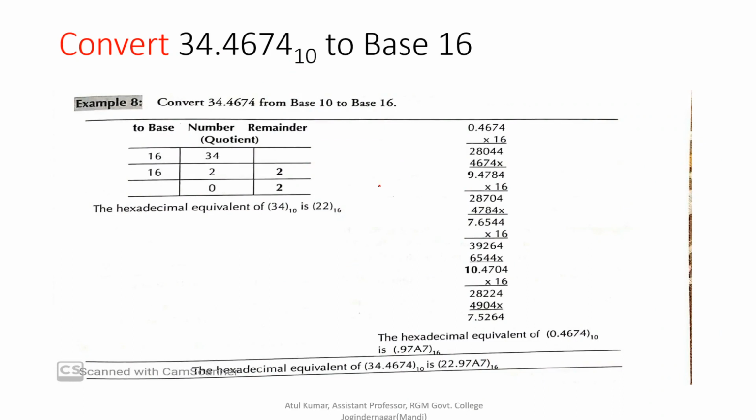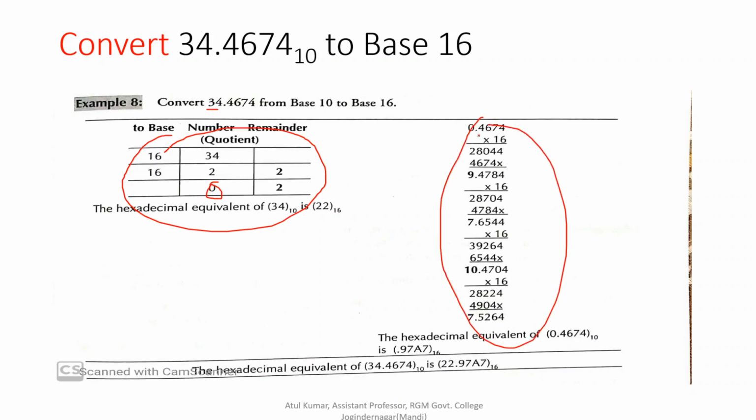Next, how to convert 34.4674 to its hexadecimal equivalent. This one is very easy. Again, before the decimal point we divide the number by 16 repeatedly until we get a quotient of 0, and after the decimal point we multiply the number repeatedly until we get repeated values.